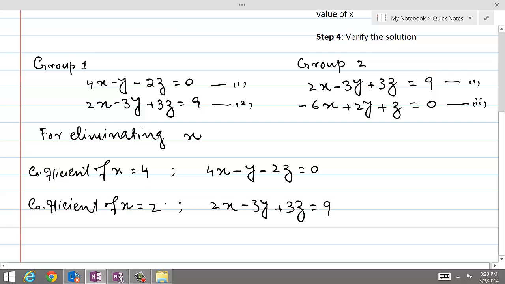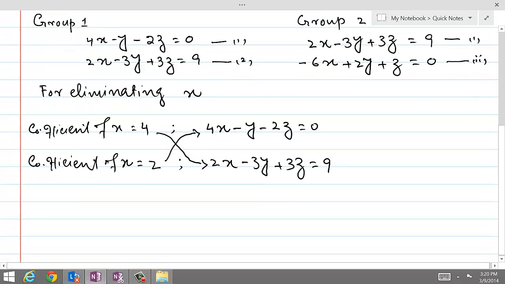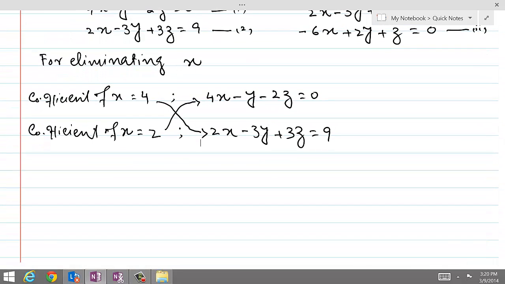We cross multiply these numbers: the coefficient of x of equation 1 will be multiplied with equation 2, and the coefficient of x in equation 2 would be multiplied with equation 1, so that we have equal coefficients of x.